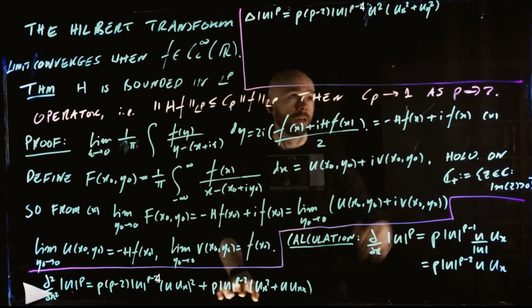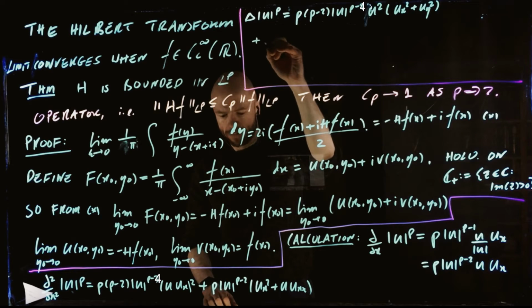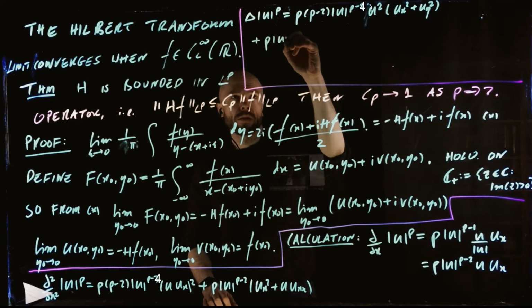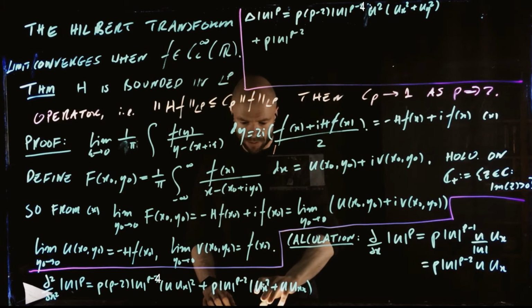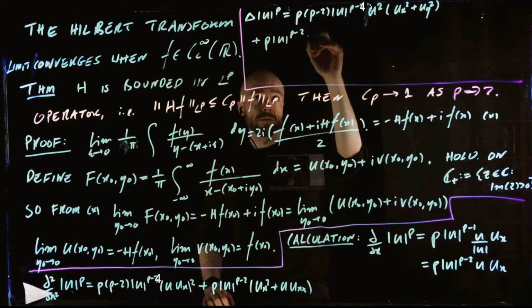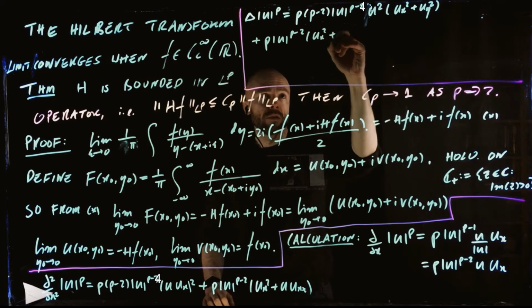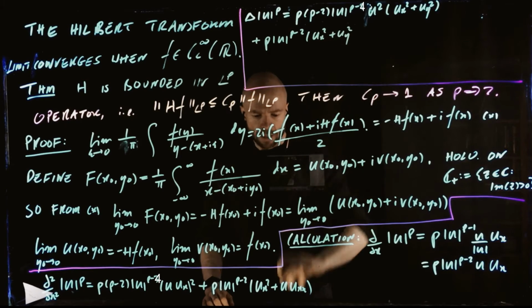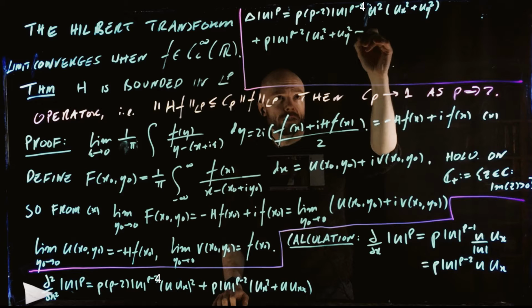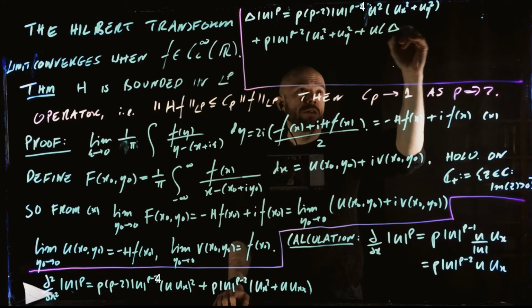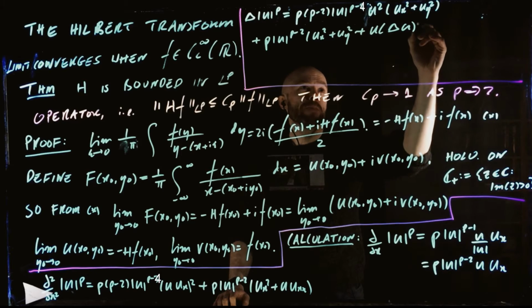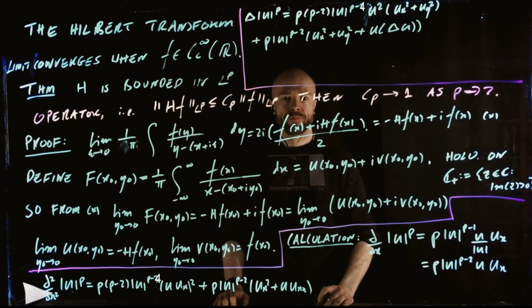And then if we do this thing, we're going to have p u to the p minus 2. And this contribution here will just be u of x squared plus u of y squared. And then we'll also have this thing here, which is u, and then it's going to just be Laplacian of u itself, like this. Yeah?